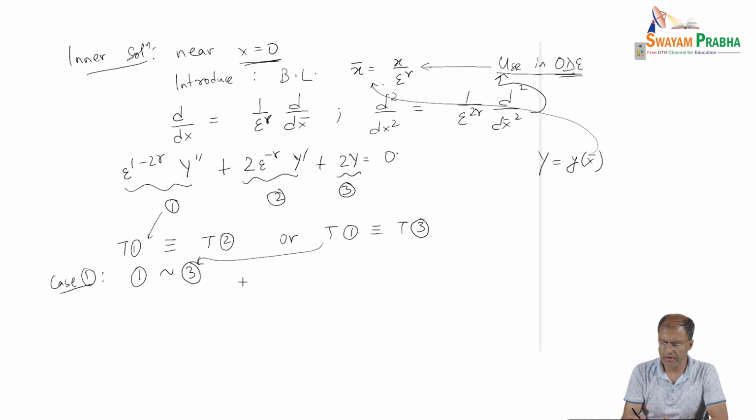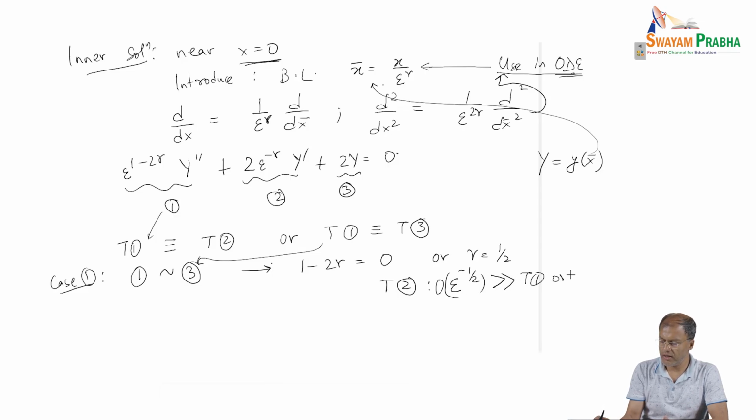Then 1 minus 2 gamma is 0, because term number 3 has order epsilon to the power 0, so gamma comes out to be half. In this case term number 2 is of order epsilon to the power minus half, which is certainly greater than terms 1 and 3, both of order epsilon to the power 0.